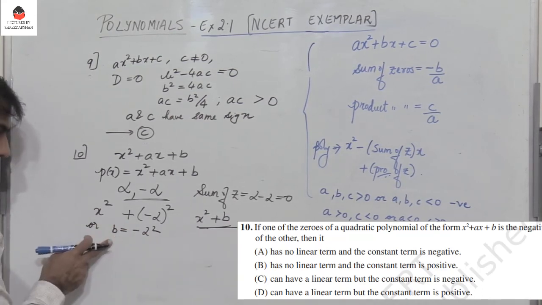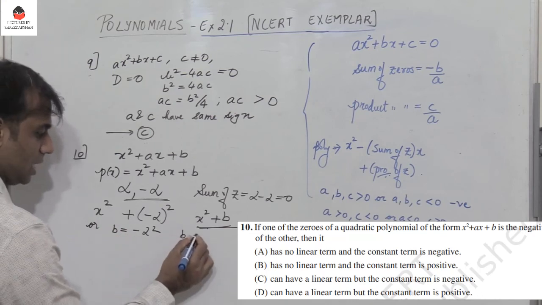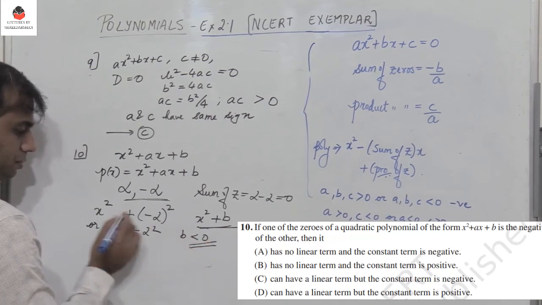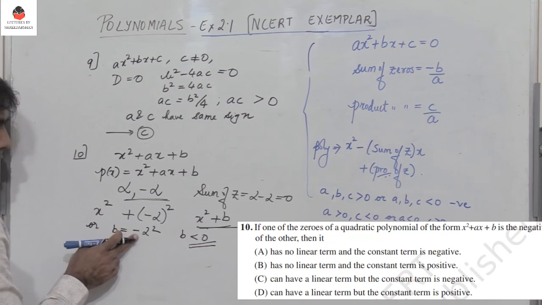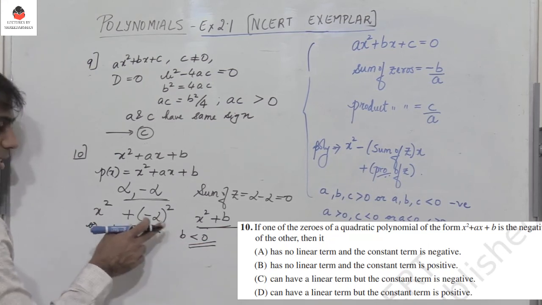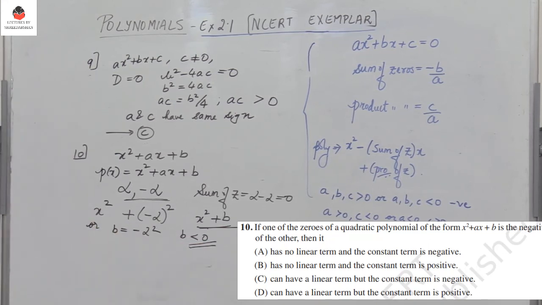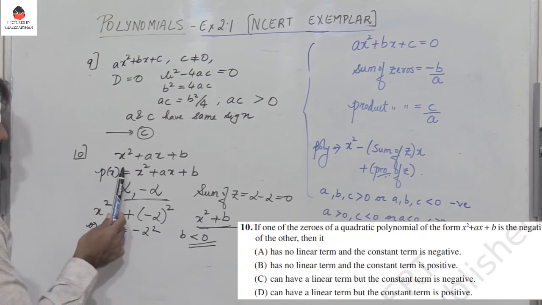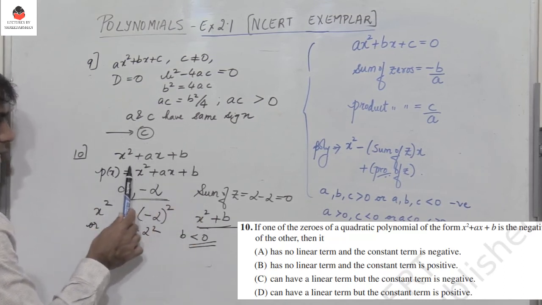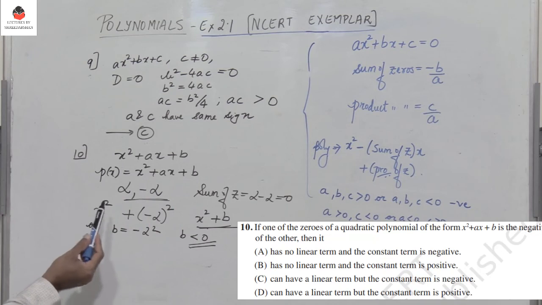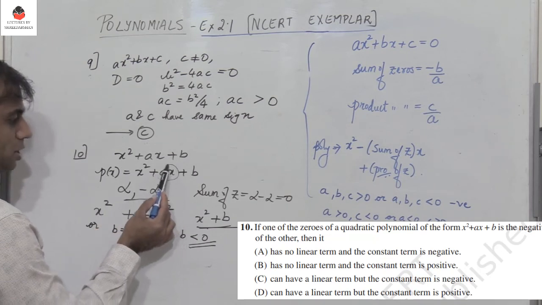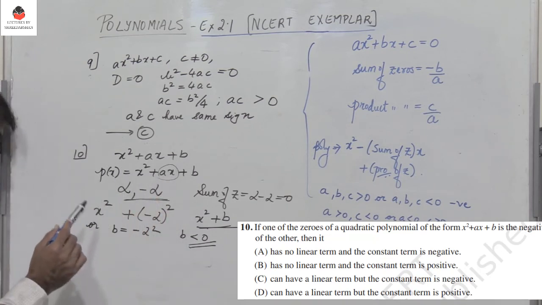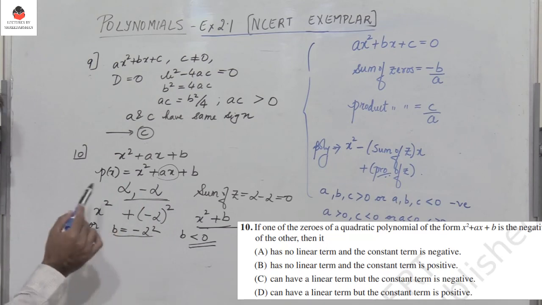And this is possible if and only if b is less than 0, right? So b is equal to minus alpha square, that means b is less than 0. So hence we realize that this quadratic equation does not have a linear term because the coefficient of x is 0, and also the constant term b is negative because b has to be less than 0.